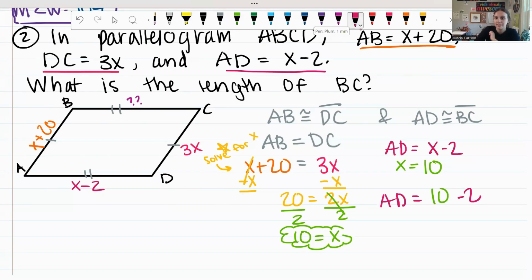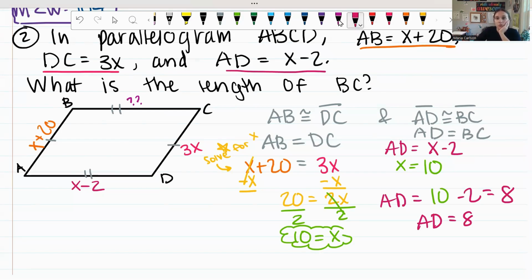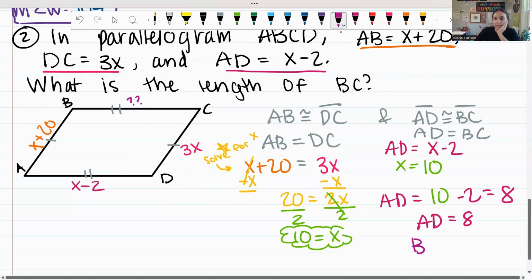So AD then is 8. Which means that BC also has to be 8. Because AD is congruent to BC, we know their measures have to be equal. So BC also equals 8.